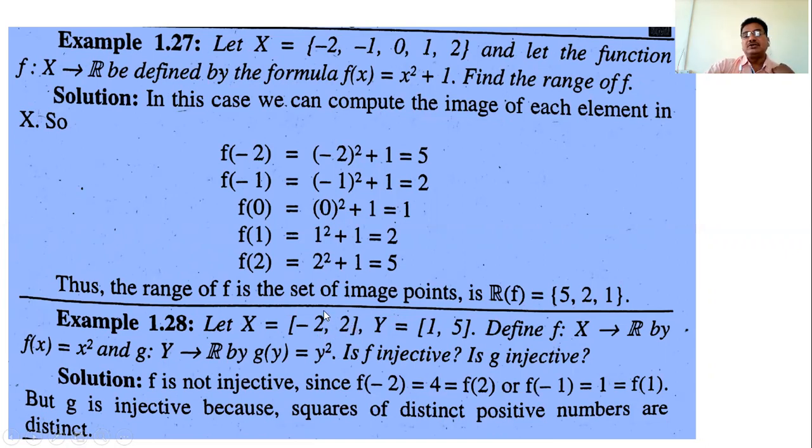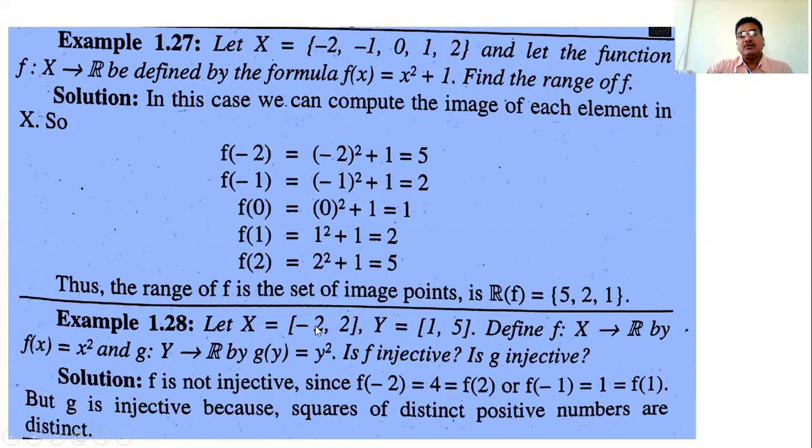Then 0, which is also an element of this set x. Then 0 and then 1. Between 0 and 1, what are the numbers? 0.1, 0.11, 0.12, 0.13, 0.22, all these. Then 1, 1.5, 1.6, 1.1, up to 2, and 2 is also a member of this set.